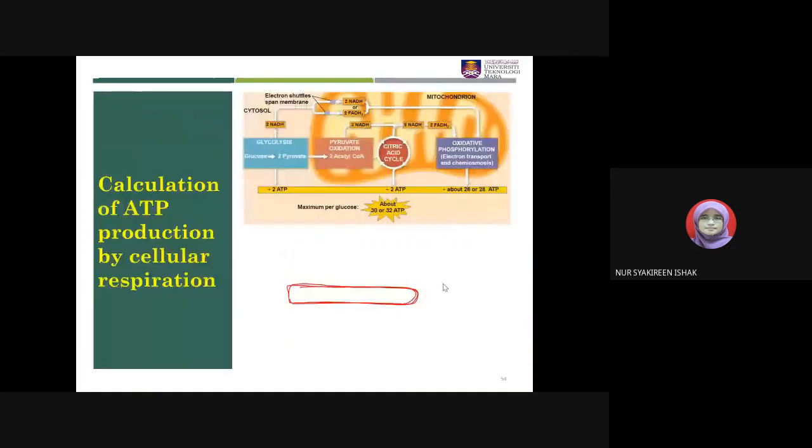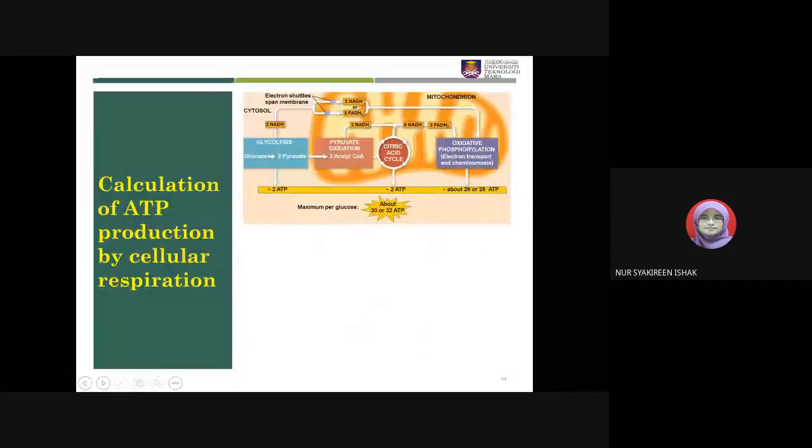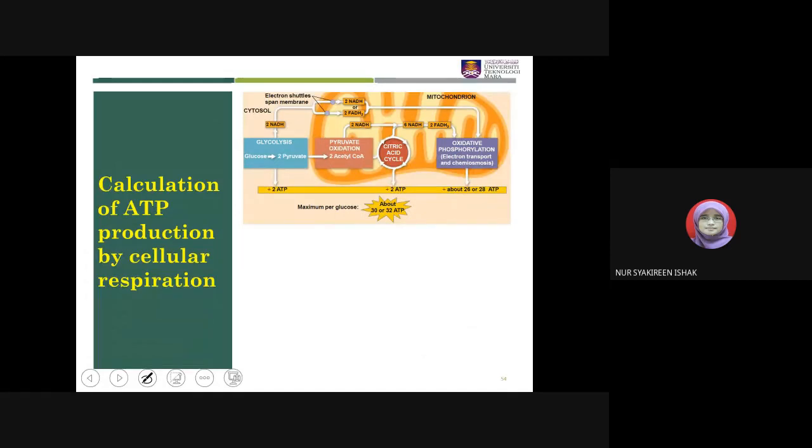So kalau kat sini kan, if you look at in the diagram, okay, glycolysis, it produces 1 molecule of NADH and 2 molecule of ATP. The 2 molecule of ATP is through substrate level phosphorylation. Citric acid cycle also produce 2 molecule of ATP through substrate level phosphorylation.